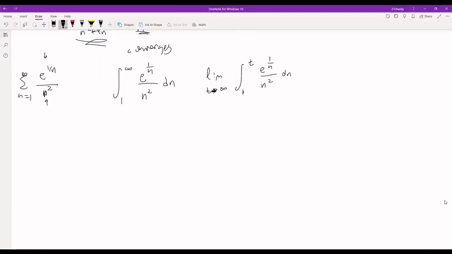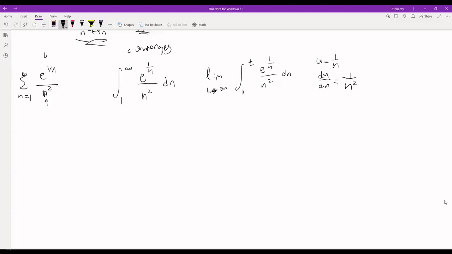Now I'll use u-substitution. So u equals 1 over n, which means du over dn equals -1 over n squared.